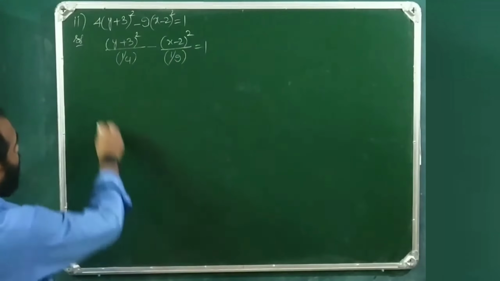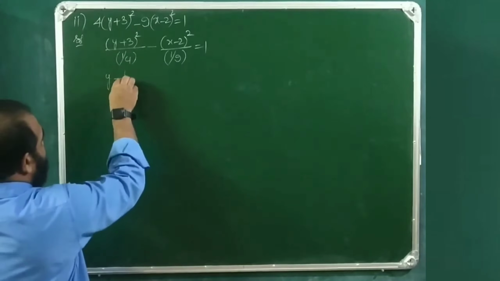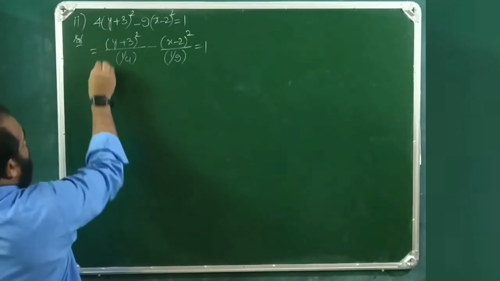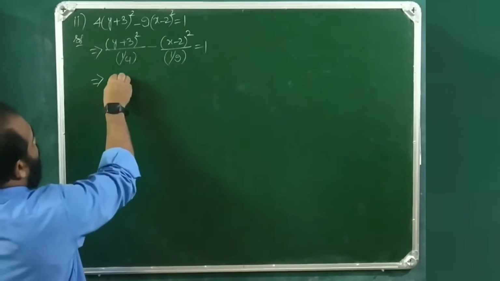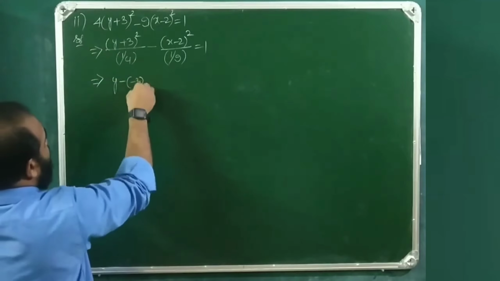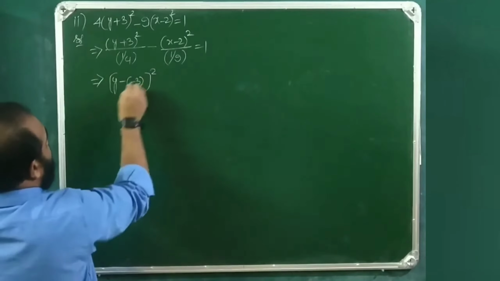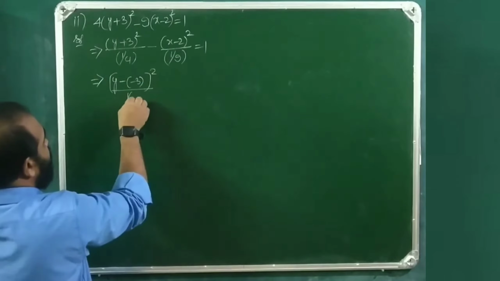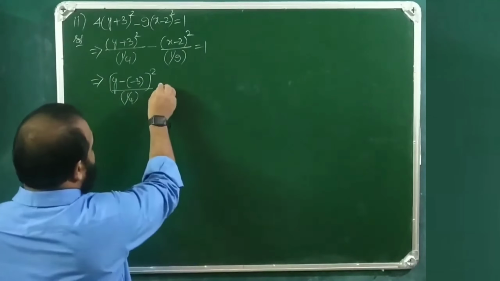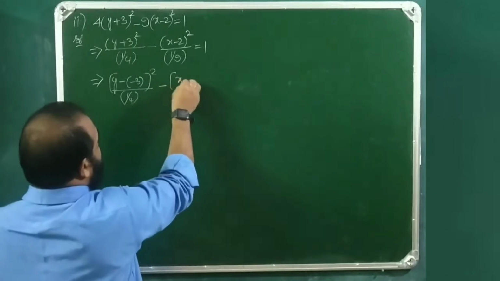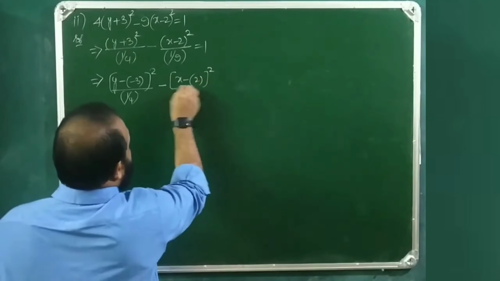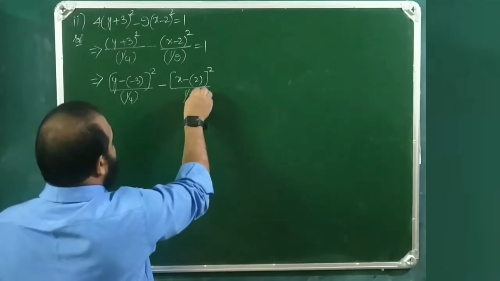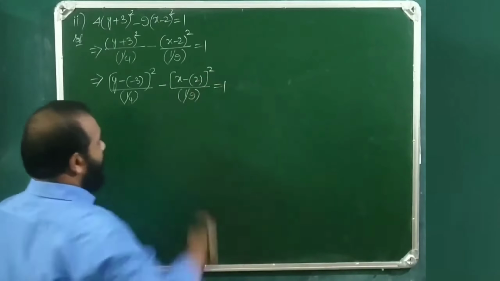So this is y minus of minus 3 whole square by 1 by 4 minus x minus 2 whole square by 1 by 9 is equal to 1.